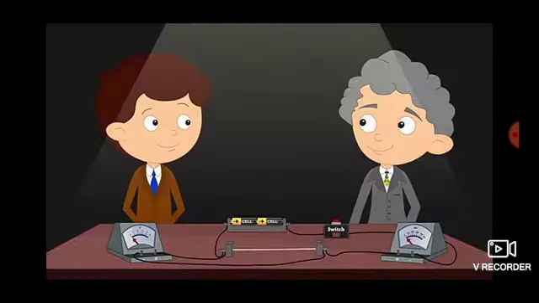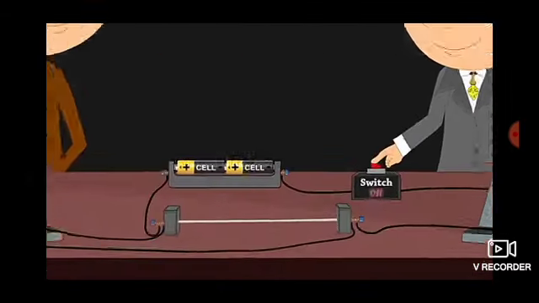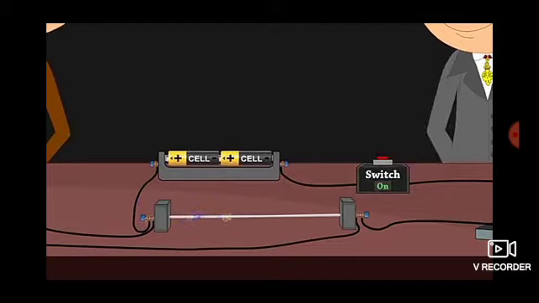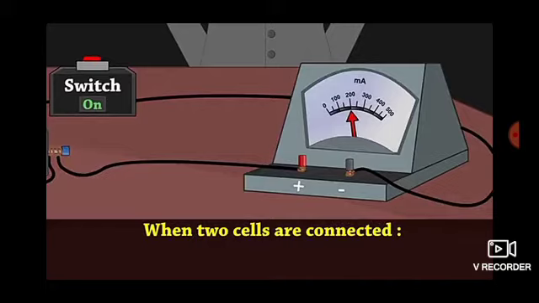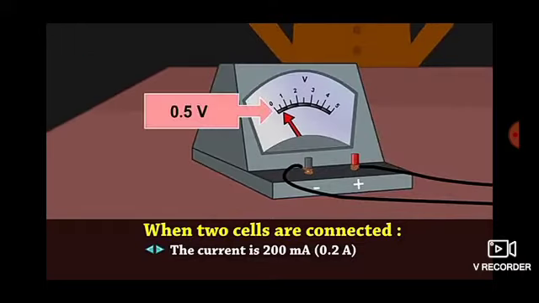After some time, the two cells are connected and again we will switch it on. We will see the reading in ammeter. Let us see. The current is flowing. When two cells are connected, 200 milliampere, that is 0.2 ampere, and 0.5 volt potential difference.